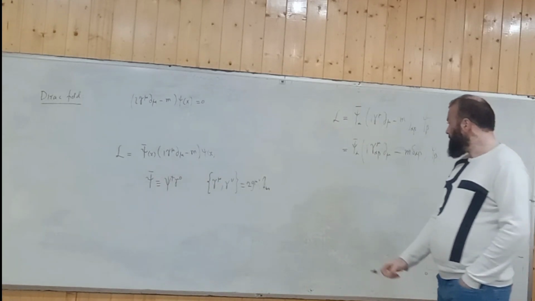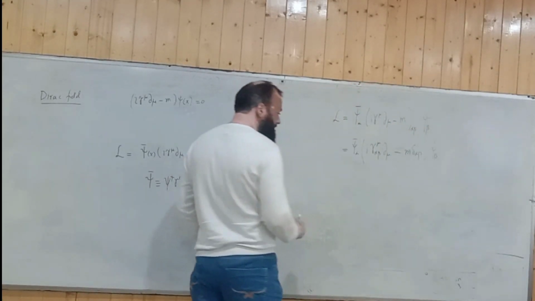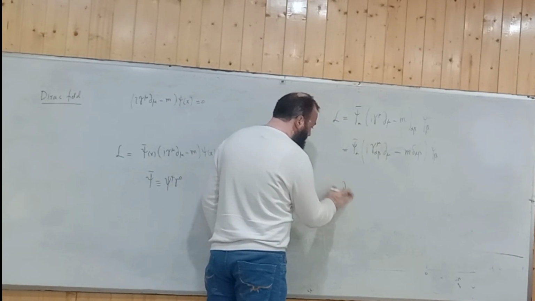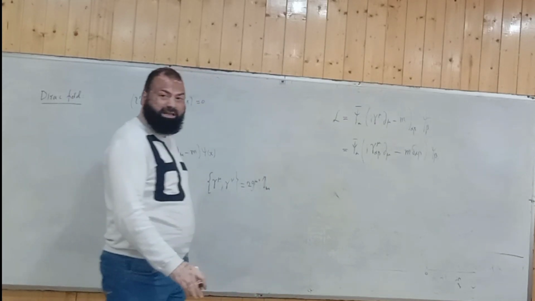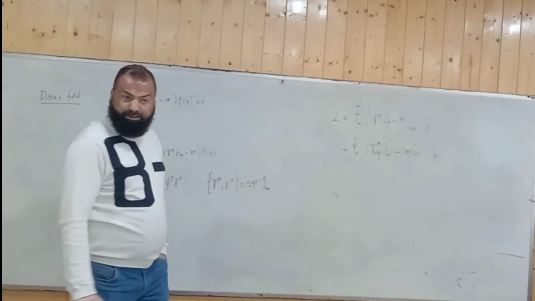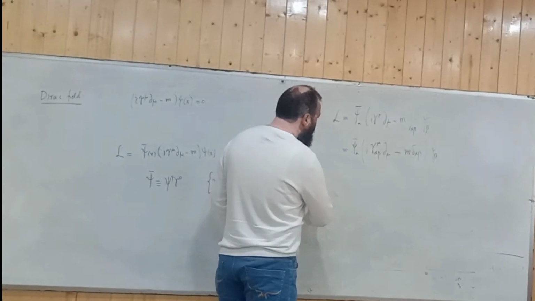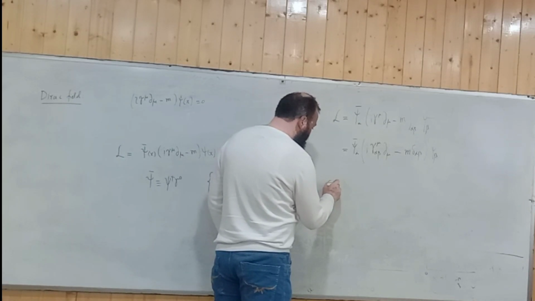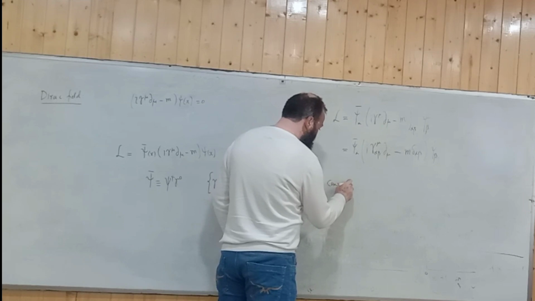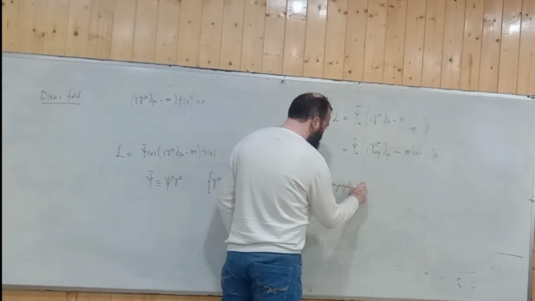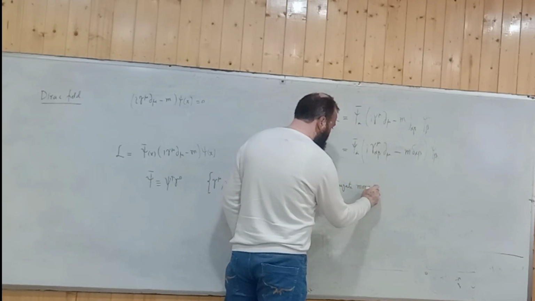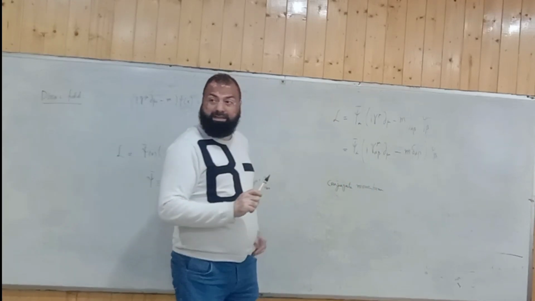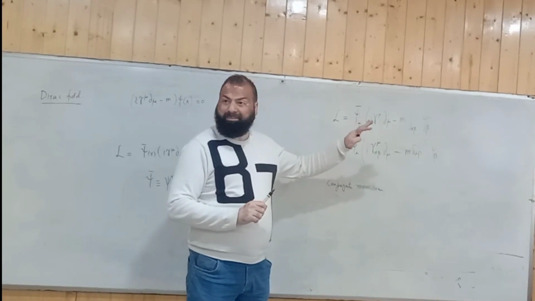Now let's write the equation, I mean the Euler-Lagrange equation. So let's first calculate the conjugate momentum corresponding to psi. One more point: this psi and psi bar are two independent fields.